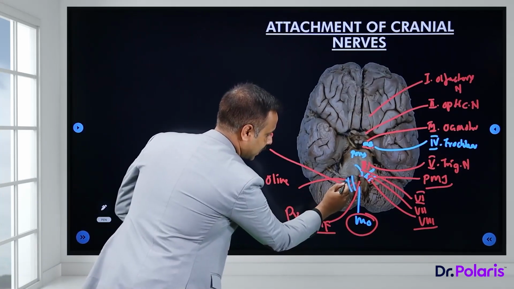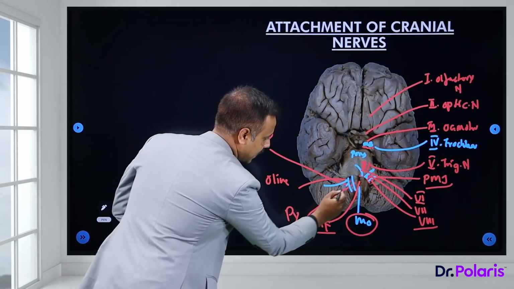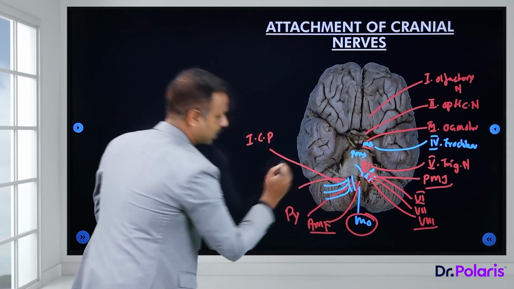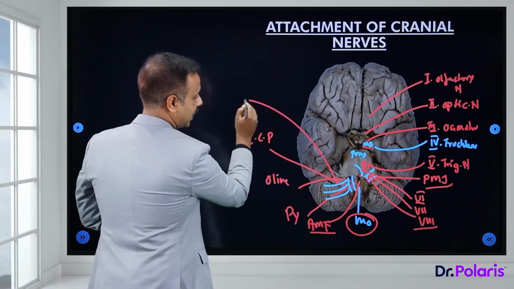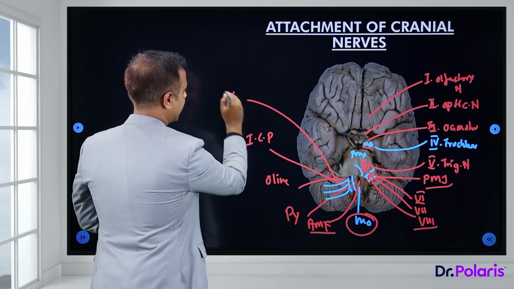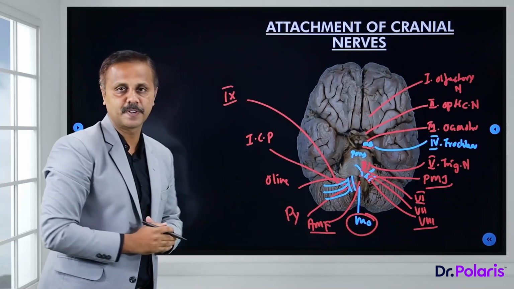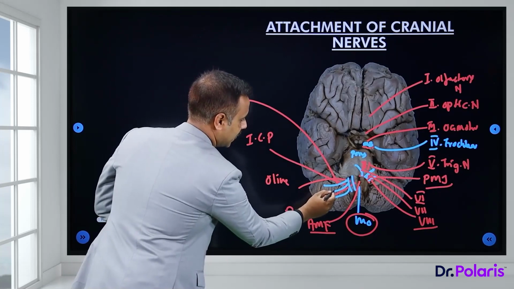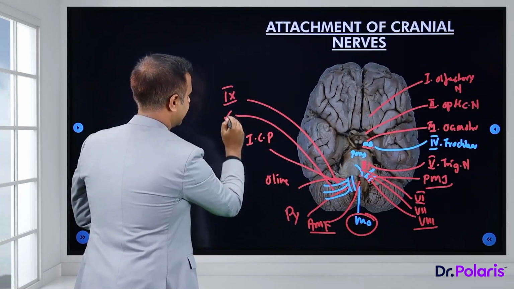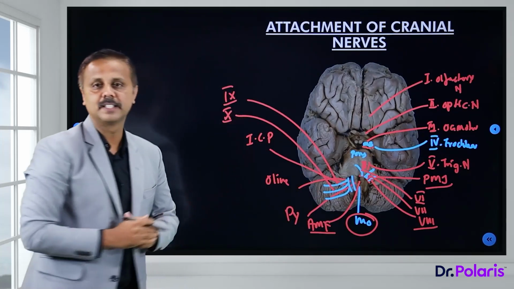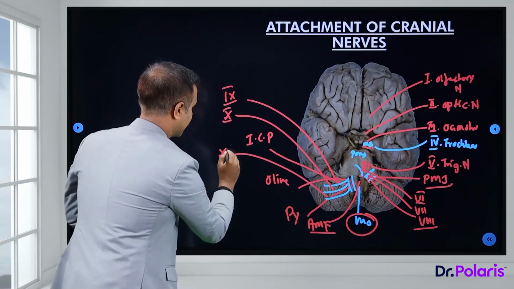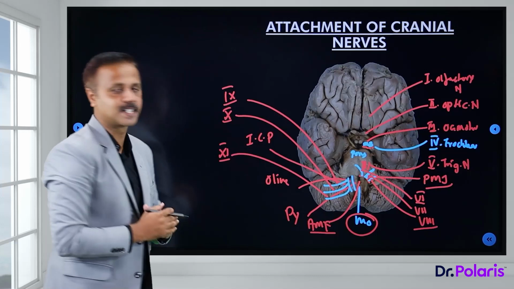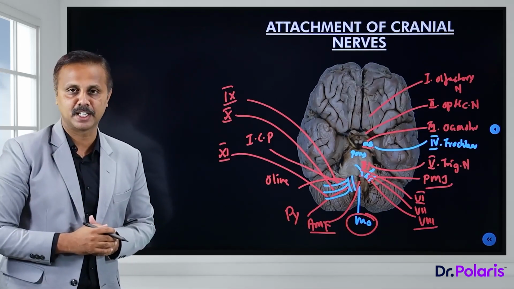The first cranial nerve we have here is this. Then we have one more, and then we have one more cranial nerve. Now, what are these? Remember, these are respectively the 9th cranial nerve or the glossopharyngeal nerve. And then what do we have here? This is the 10th cranial nerve or the vagus. And finally, what we have here is the cranial root or cranial part of the accessory nerve, the 11th cranial nerve.